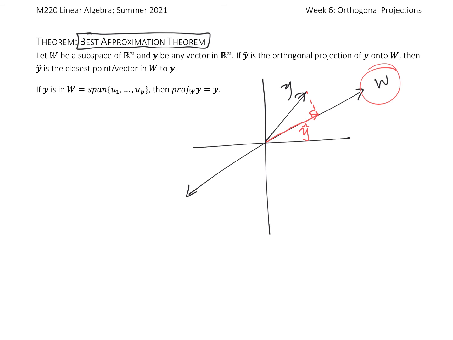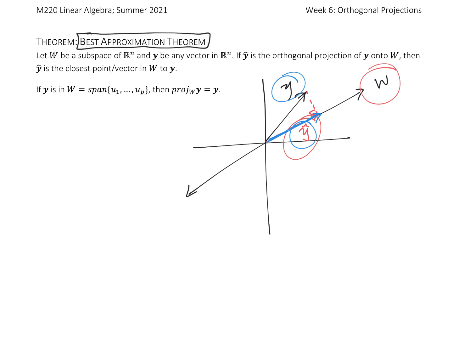Sometimes I want to deal with something that's in my subspace, but I can't. So y may not actually exist in my subspace. And if it doesn't, then the closest I can get, or the closest sort of approximation of my y vector, is my orthogonal projection.